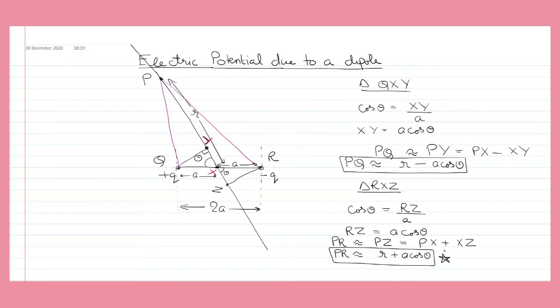Now the potential at the point P will simply be kq upon PQ plus k into minus q upon PR.